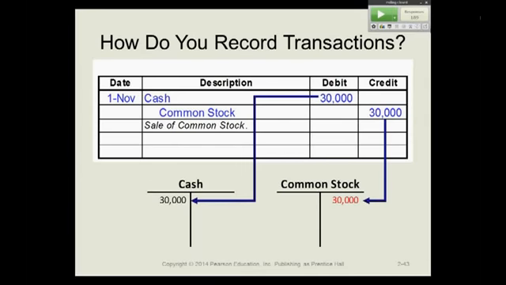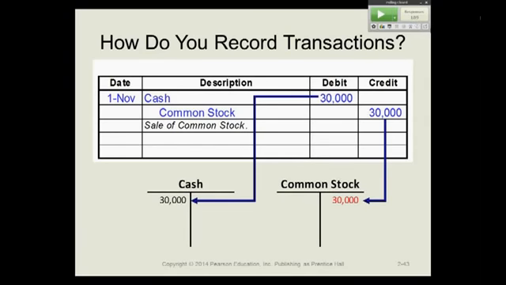If you're looking at the general ledger, the general ledger would look something like this. So you'd have cash, accounts receivable, you might have office supplies, and then of course you'd have your liabilities, and then you'd have stockholders' equity.